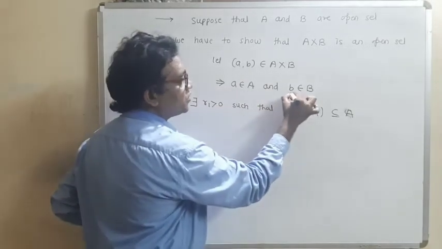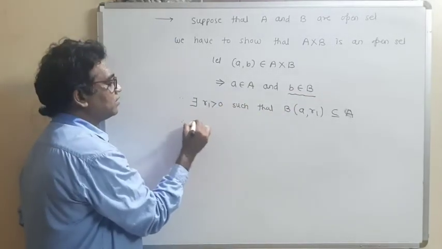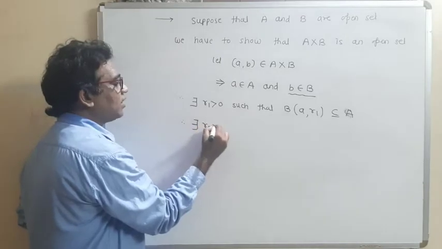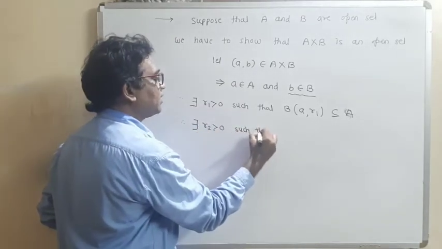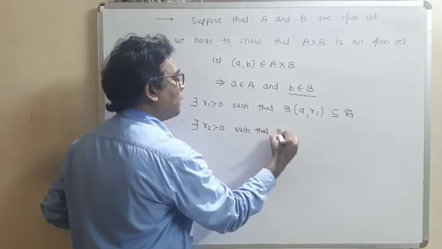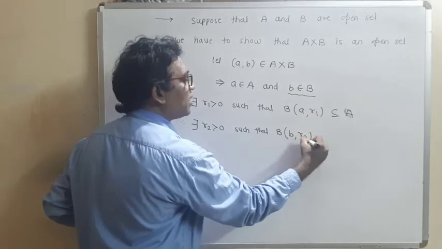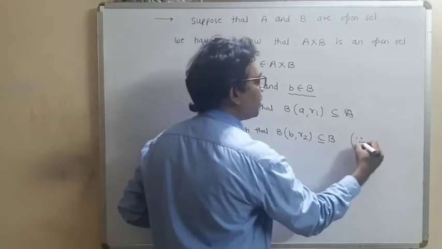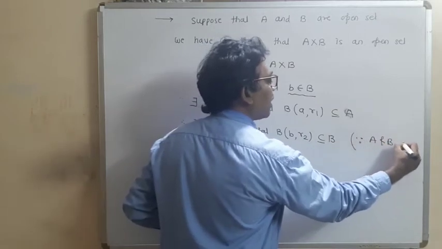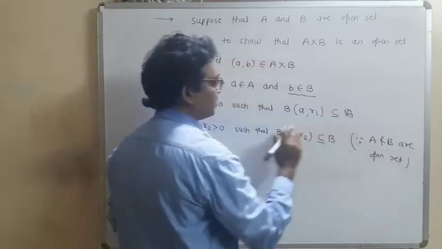As well, use the definition of open set for B. So write the definition: there exists a positive radius r2 such that the open sphere B with center at small b and radius r2 is contained in capital B, and give the reason: because A and B are open sets.